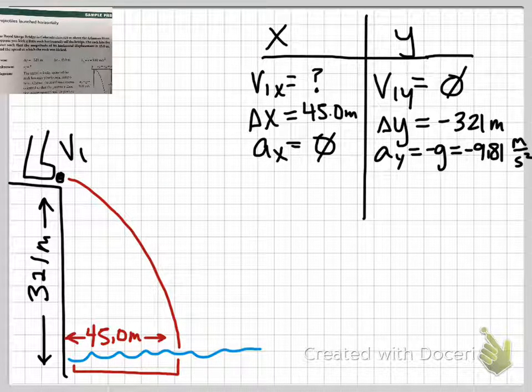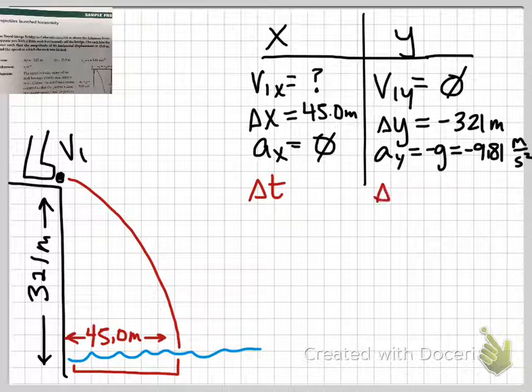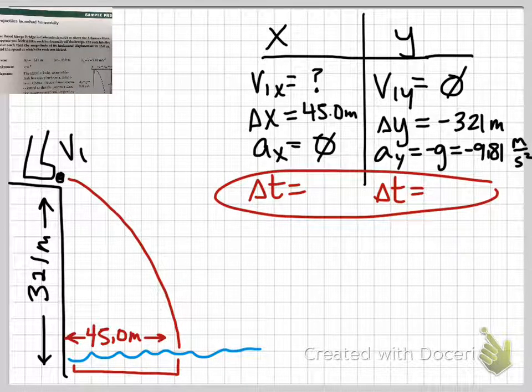So of the variables that I usually have to work with, there's only one that's missing here. What is it? Well, we've addressed the fact that we want the initial velocity. There's one thing that we haven't talked about yet. Time is on my side. Time forms the bridge between the two axes.